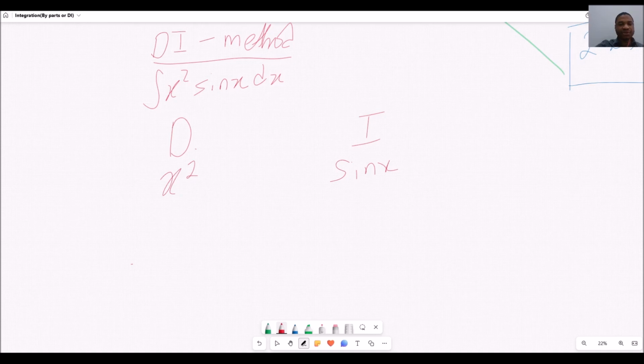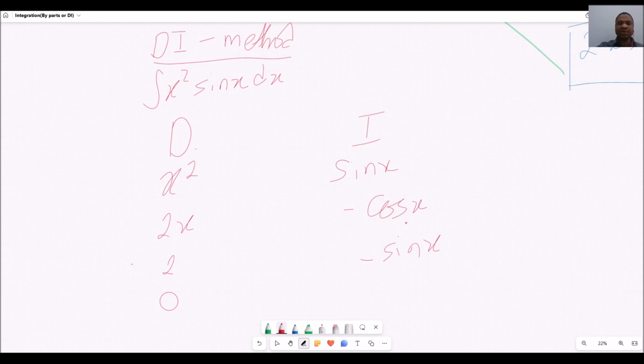If I differentiate, this is 2x, this is 2, this is 0. If I integrate, this is minus cos x, and this is minus sine x. Always check: if you differentiate sine x, you get cos x, so this is minus. If you differentiate cos x, you get minus sine. Minus times minus is plus.